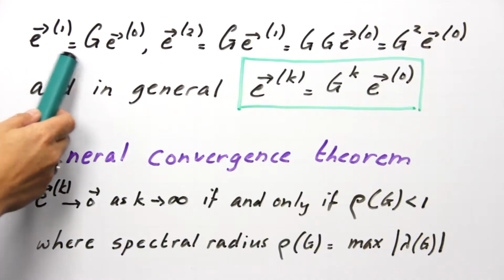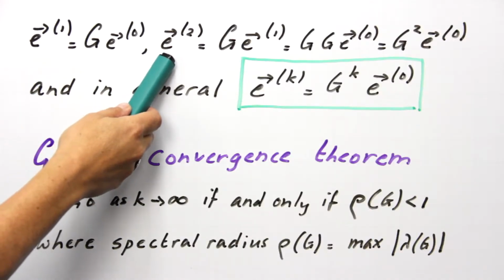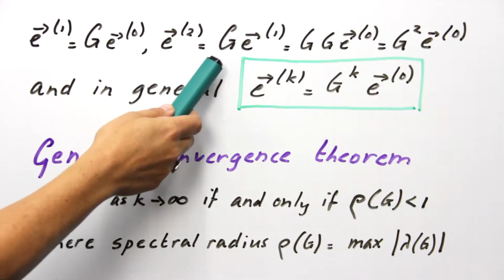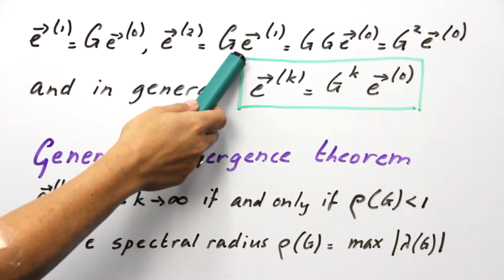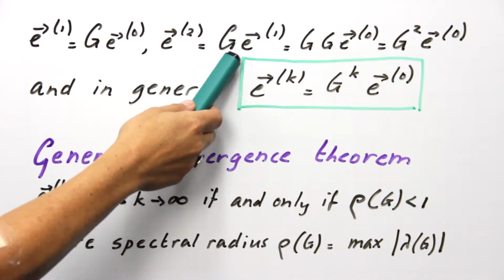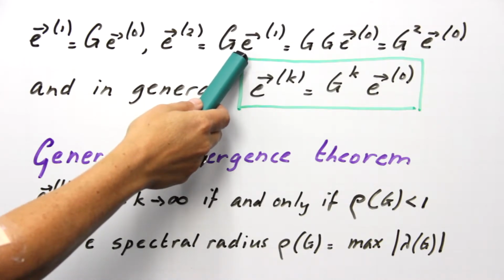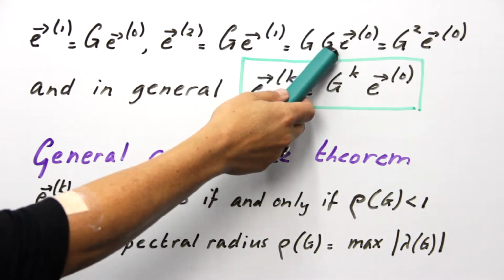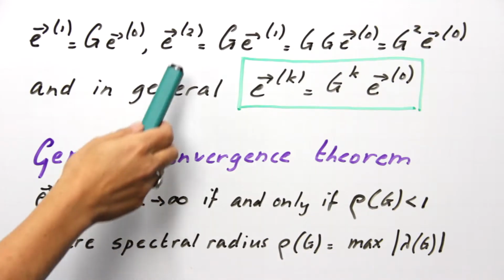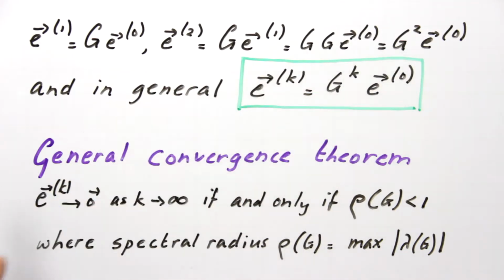Then the next error, E2, at the second iteration step, is the amplification again of E1 by G. But E1 was the amplification of E0, so we get G times G E0 for E2. And so E2 really is G squared E0.